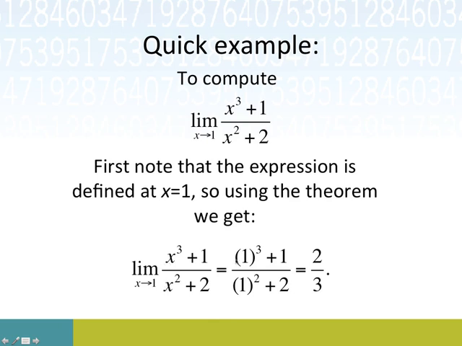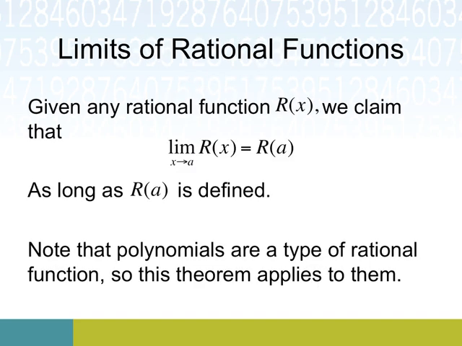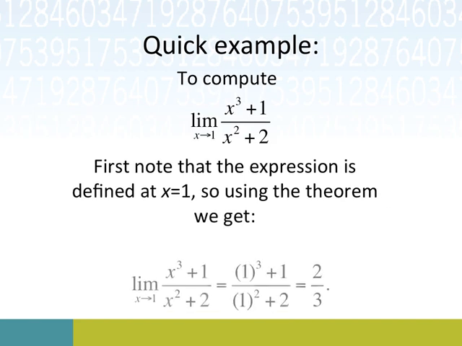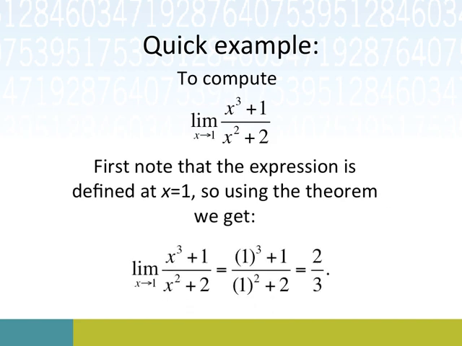So we replace all the x's with 1s, we get rid of the limit operator out in front, and then our conclusion is 1 plus 1 over 1 plus 2, so 2/3. So without having to go through all those properties, which this theorem is really operating under the hood, we get a fairly concise answer. The limit as x approaches 1 of that fraction is 2/3.